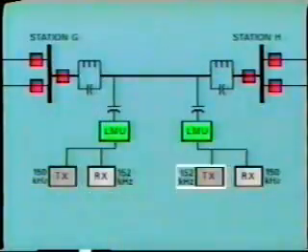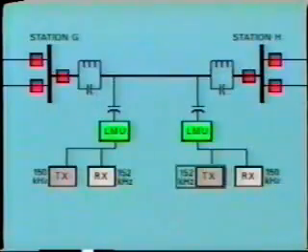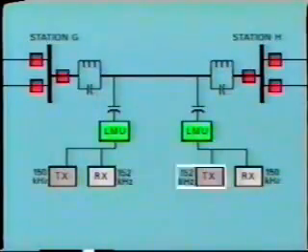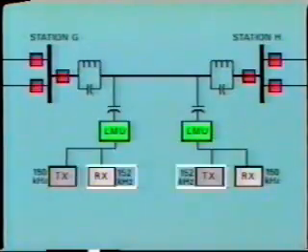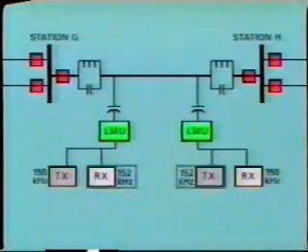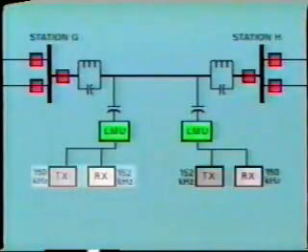In the other direction, the transmitter at station H is set to transmit at a mean frequency of 152 kilohertz. And similarly with the corresponding receiver at station G. The chosen frequencies are close enough together to use single-frequency line coupling equipment and line traps.